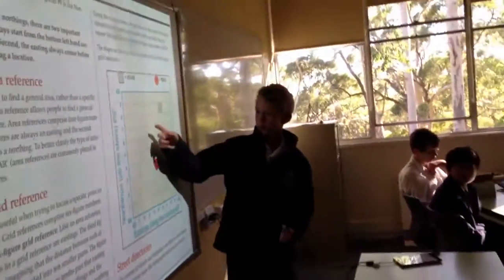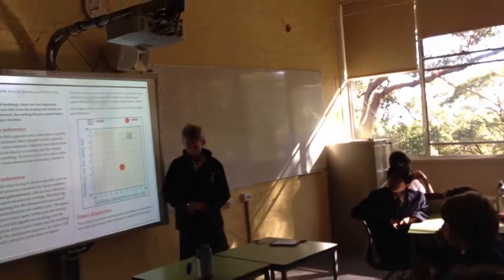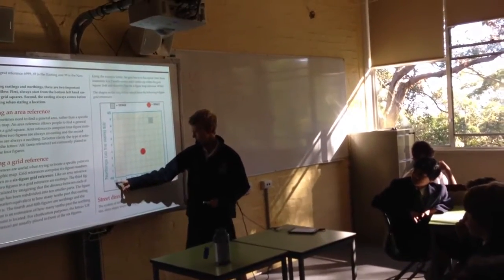So let's pretend that the eastern is 18 and the northern is 44 on the one back there. So this big square here is that square from before. What you want to do is again use your eastern first. So it's 18.